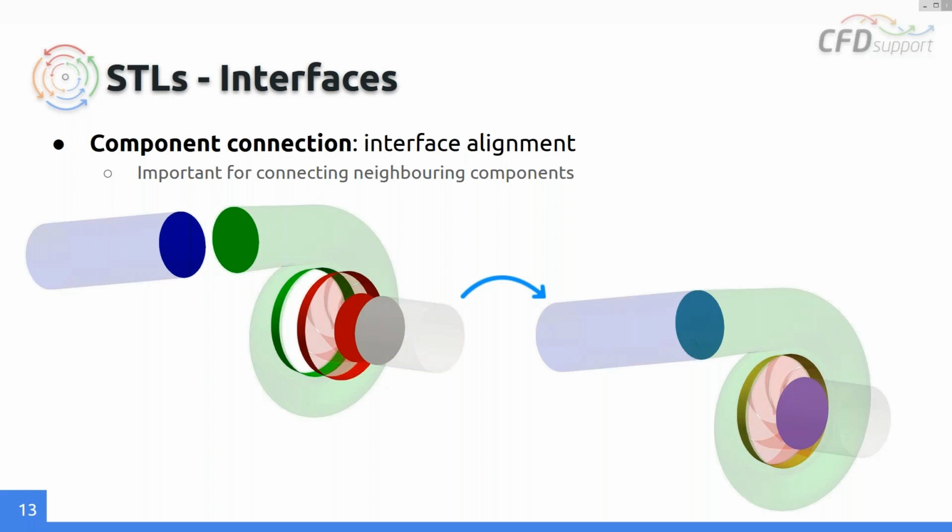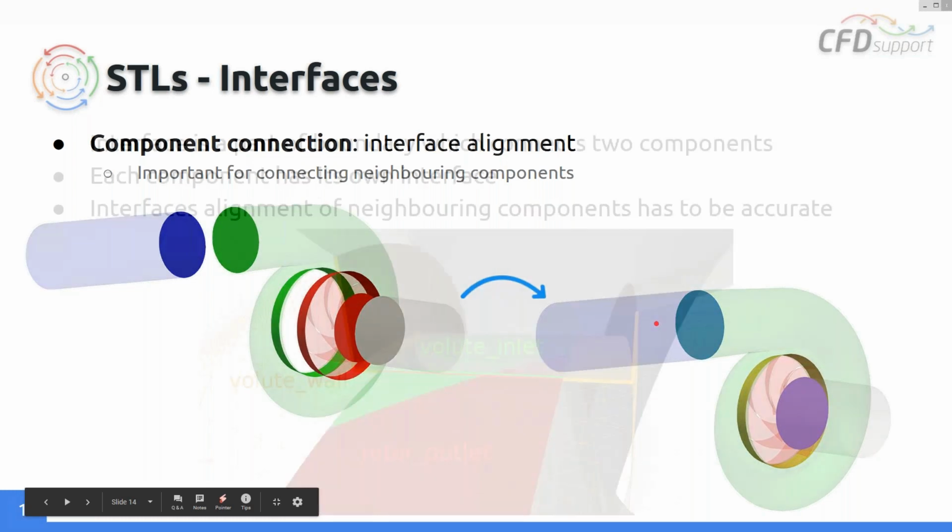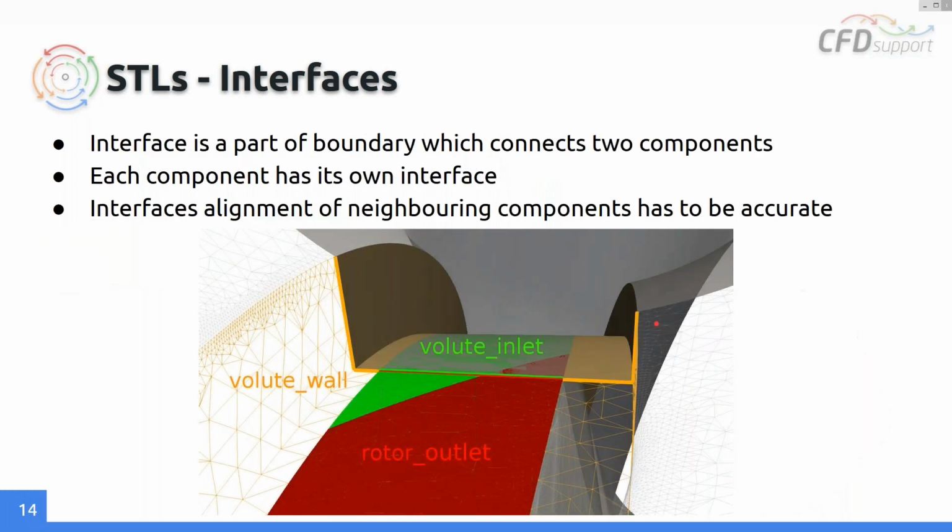This is important for connecting neighboring components. So this alignment has to be perfect. This is just an example of the inlet and outlet alignment between the impeller and volute. Each component has its own interface, and this interface has to be aligned perfectly.